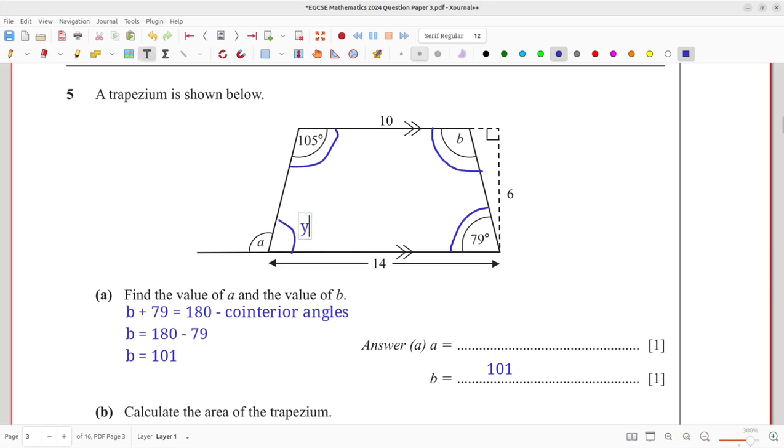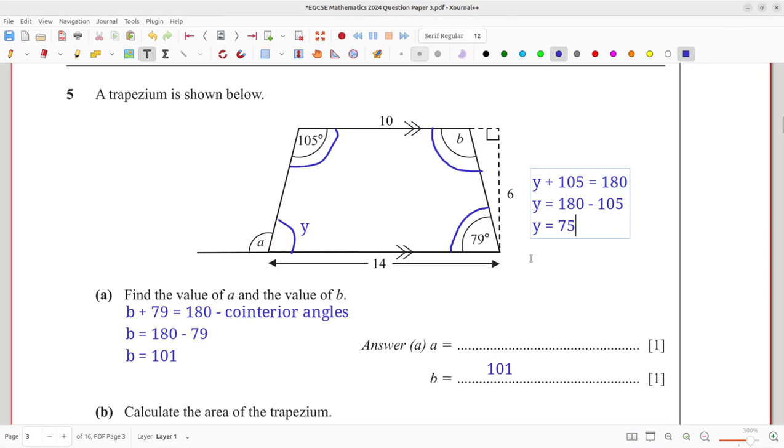Let's call that angle Y. So Y plus 105 equals 180 degrees. Reason: co-interior angles. So Y is equal to 180 minus 105, which is 75 degrees.